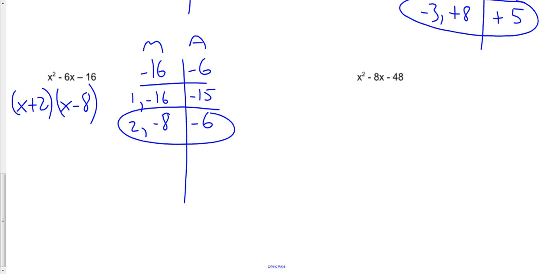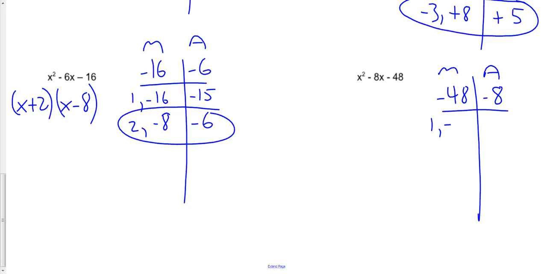And then finally, over here we've got our MA chart. So they have to multiply to negative 48, and they have to add to negative 8. Okay, so again, 1 and negative 48, that would give me negative 47. 2 and negative 24, that would give me negative 22.